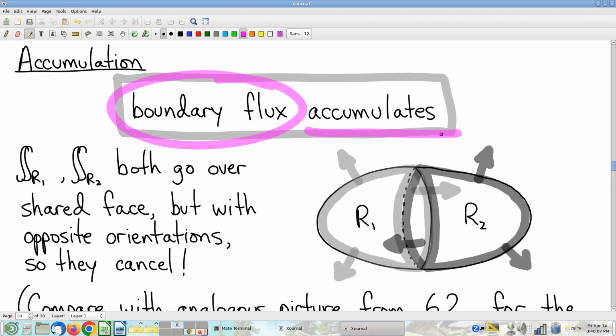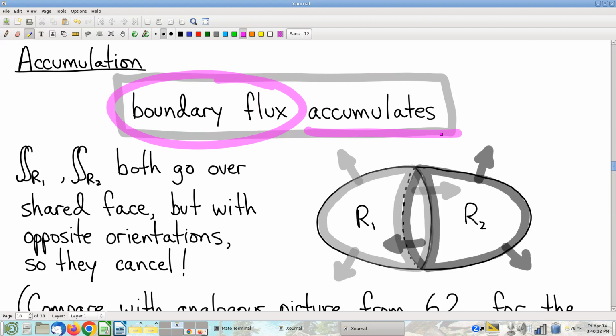I want to justify for y'all why boundary flux is an accumulating quantity. Ultimately, by the way, this is the nugget, the seed, the kernel on the inside. This is what makes it all work, right here: this argument that boundary flux accumulates, that the whole is the sum of the parts when you're talking about boundary flux. This is what makes it all work.